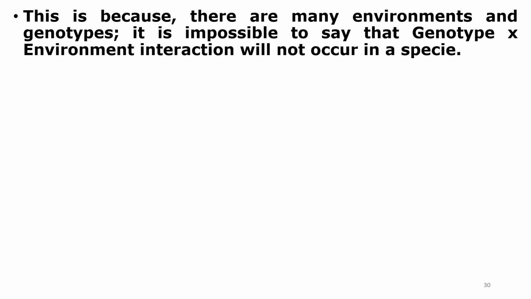This is because there are many environments and there are many genotypes. So it is impossible to say that genotype and environment interaction will not occur in a species. In fact, it is very important for the farmer to be aware of this so as not to expect fantastic results from animals that were evaluated in a different environment.